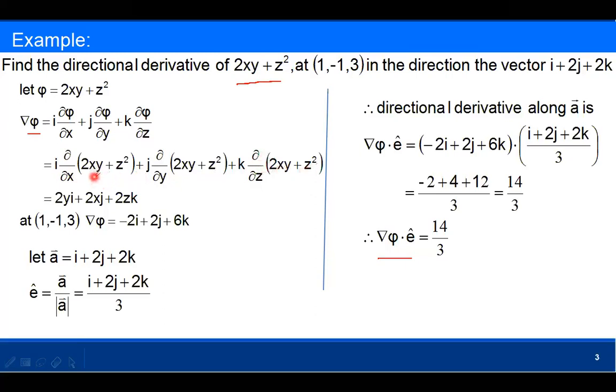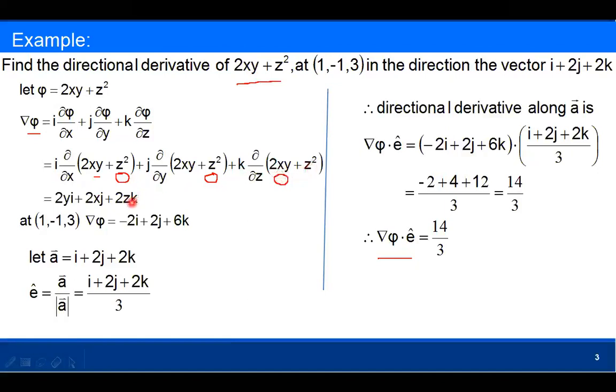Now we differentiate partially with respect to x. Here there is no x term in z square, so that is 0, and the x derivative is 1, so that is 2y i. Similarly with respect to y, the derivative of y is 1, so 2x into 1 is 2x j. Similarly, here there is no z term in 2xy, so that is 0, and the derivative of z square is 2z, so 2z k.